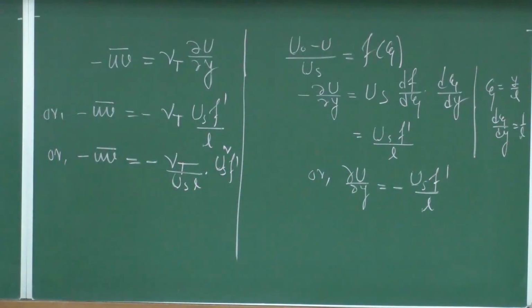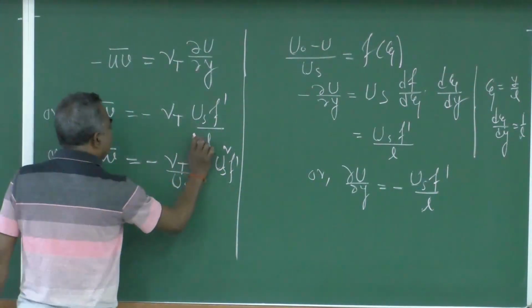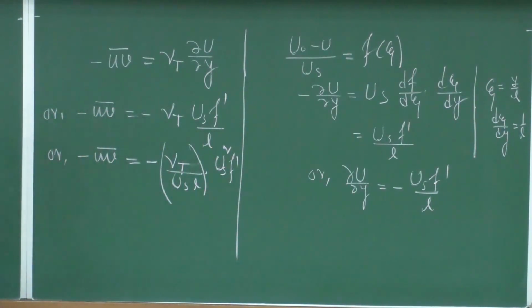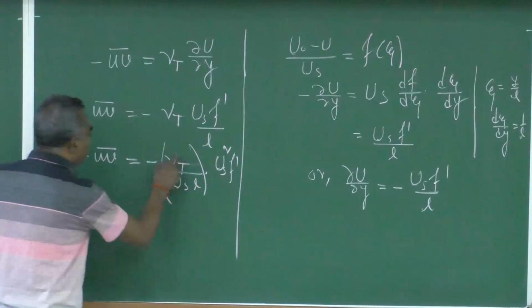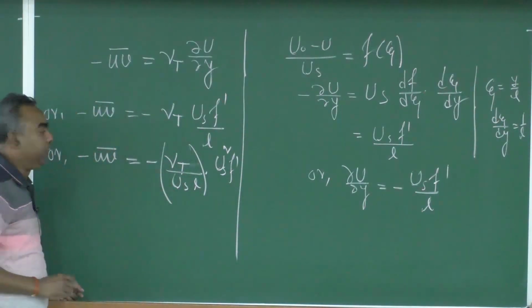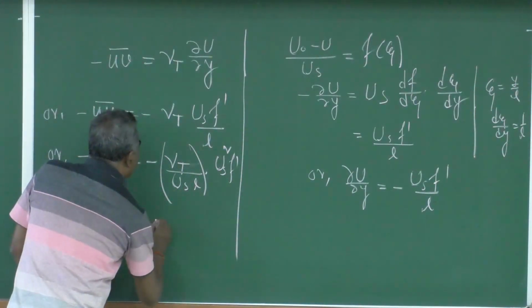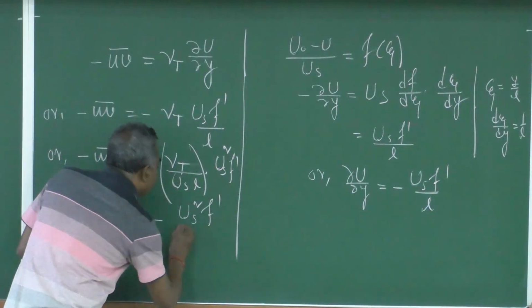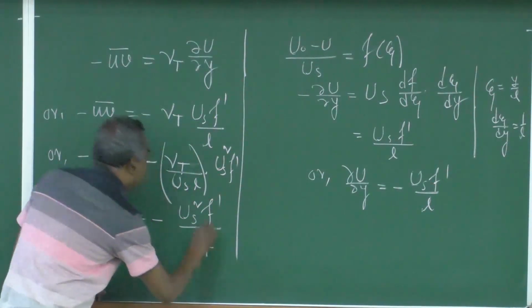So this is what I can write, and this particular quantity is nothing but R t, the Reynolds number based on this eddy viscosity nu t. That means this is going to be u s square f prime R t.